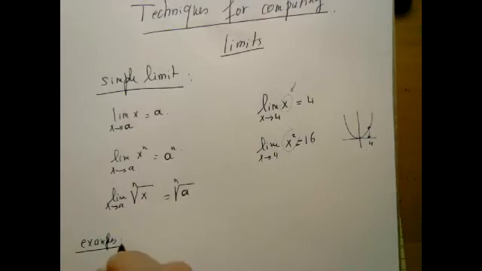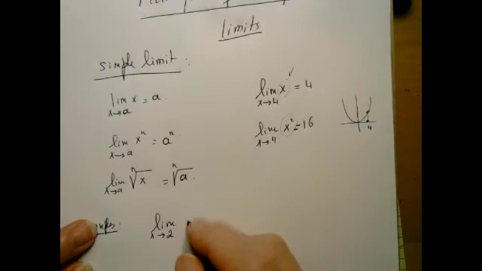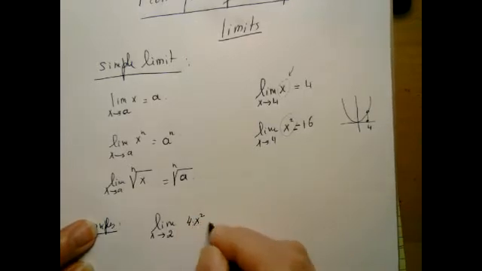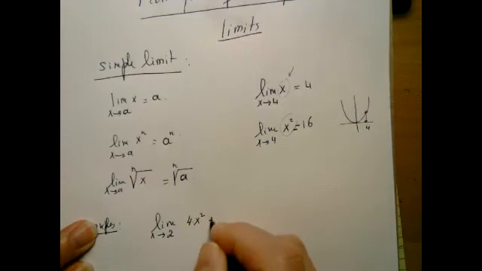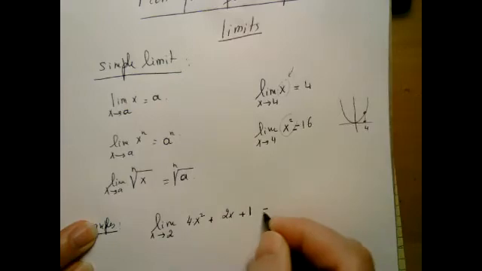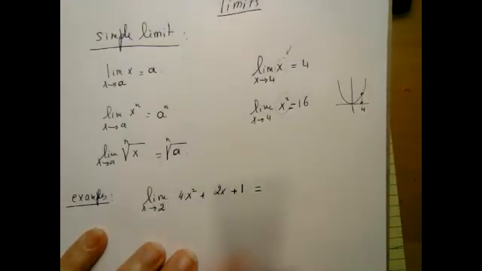Suppose I tell you, find the limit of the following expression as x becomes close to 2 of 4x squared plus 2x, for example, plus 1. Okay, so when I take x very close to 2, this expression will become close to some value.